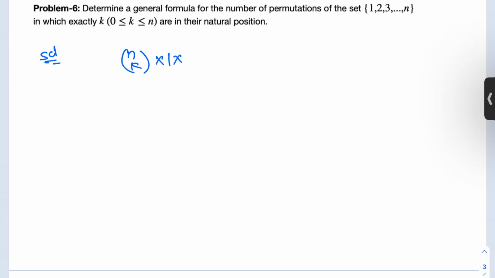How many derangements are possible with n minus k objects? That is d(n minus k). Okay, so simply the answer is going to be n choose k times d(n minus k). Okay, so this many ways we can make a permutation of the set 1 to n in which exactly k are fixed, and the remaining n minus k are not fixed. Okay, fine.